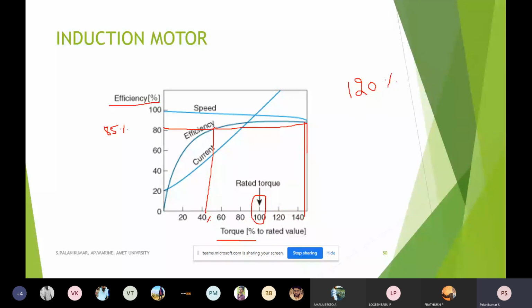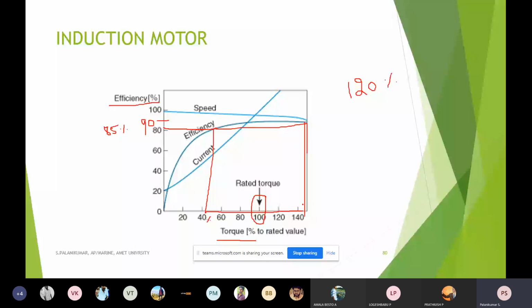This is a very important feature of any induction machine. I can also vary the speed when the torque is increasing, but it is only a slight drooping. Even at 140 percent, there is only maybe 10 or 20 percent drooping of speed, so I can maintain a constant speed.